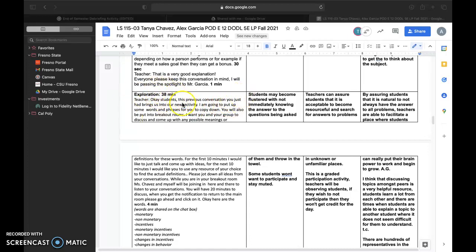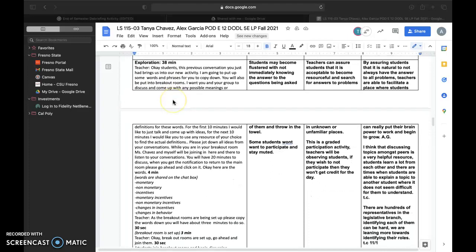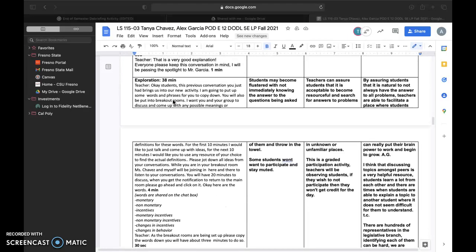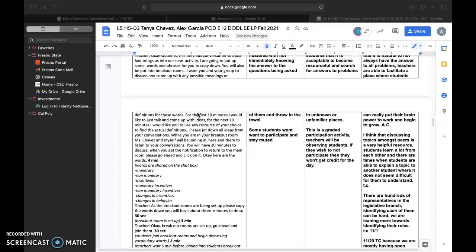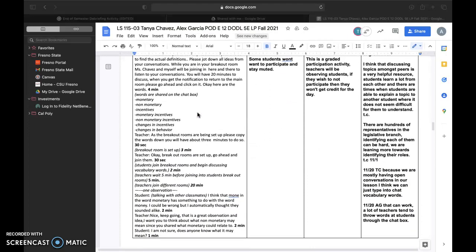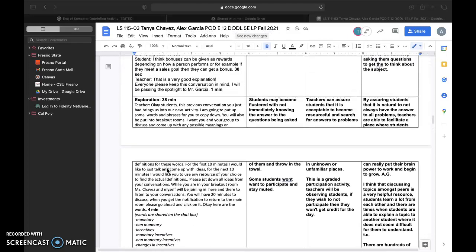The students that we had were actually exploring, and we were using probing questions to get them to think and to get them to kind of guess at things. For example, let's see if I can find something in here.